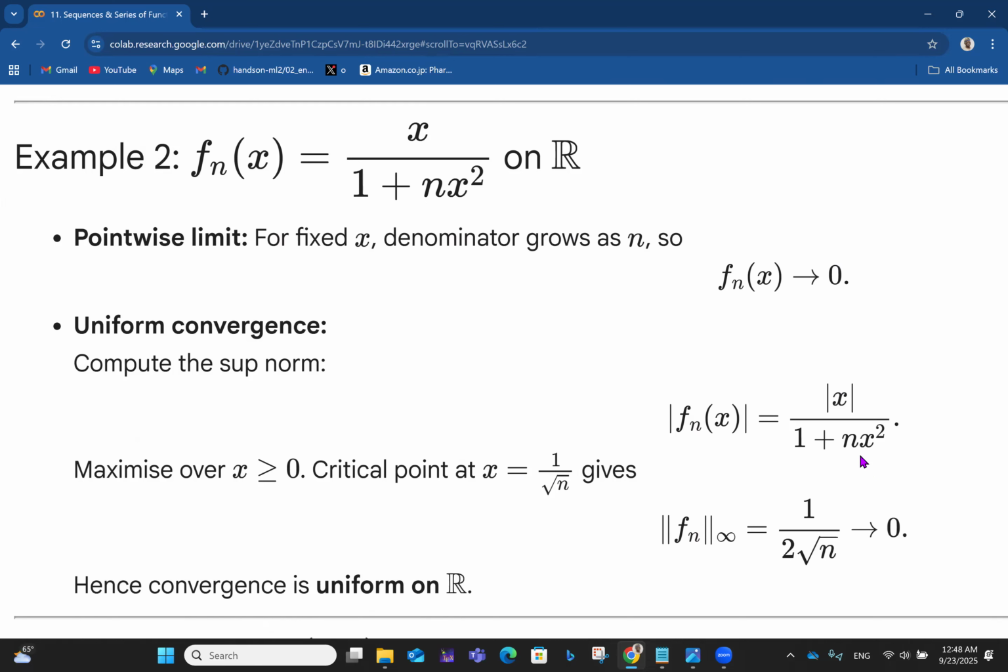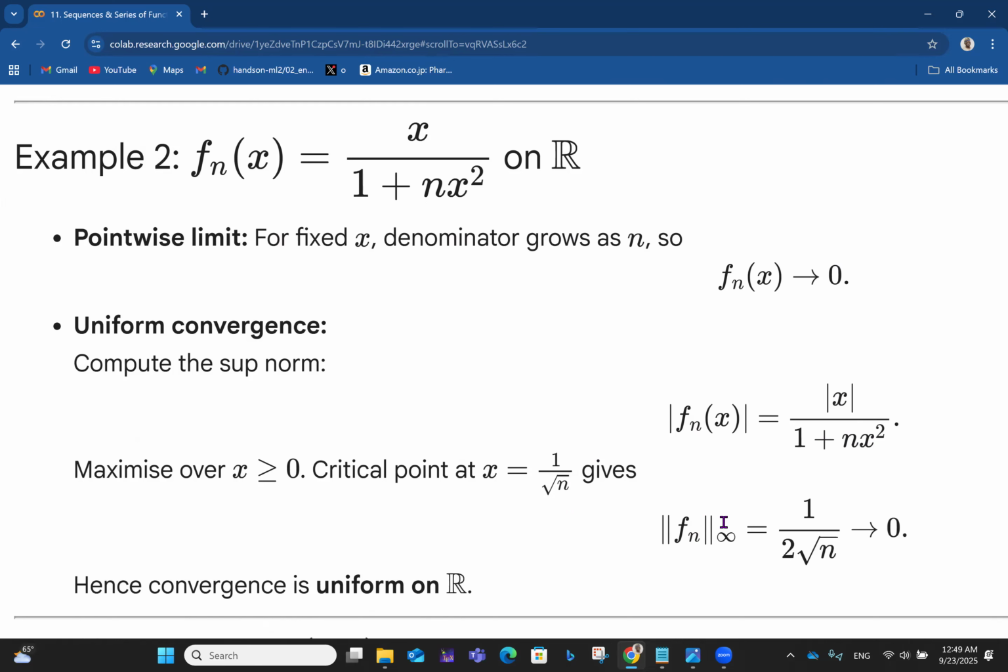So from there, we equate this part to 0, so 1 plus nx squared equals 0. Okay, that's going to be negative right there. Okay.